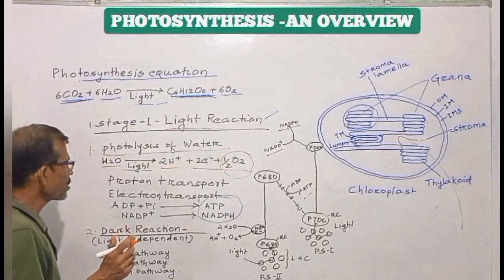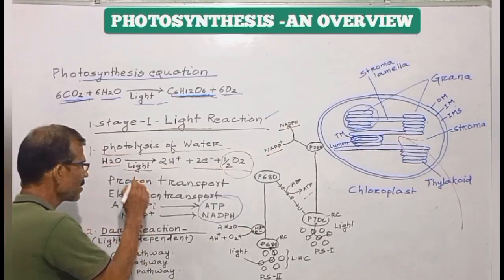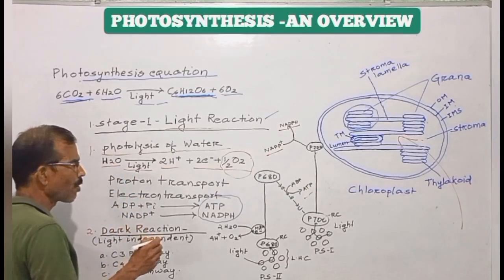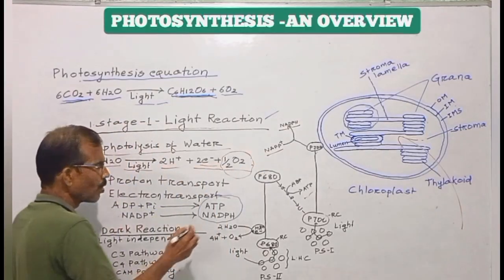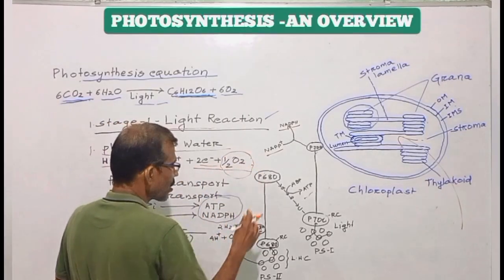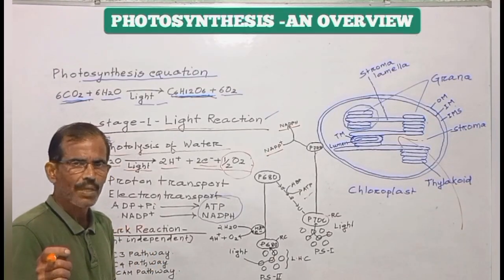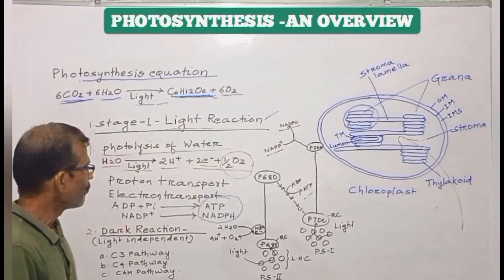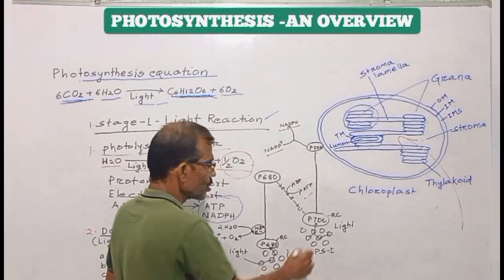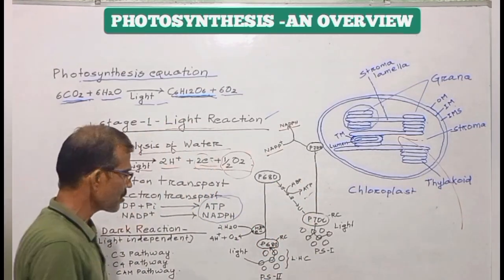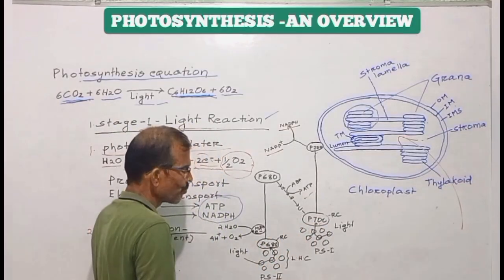It is a process by which water molecules are split in the presence of light to form oxygen, electrons and protons. Oxygen, which is one of the important byproducts, is released into the atmosphere through stomata. Then the electron is transported through a series of electron carriers involving two separate photosystems.